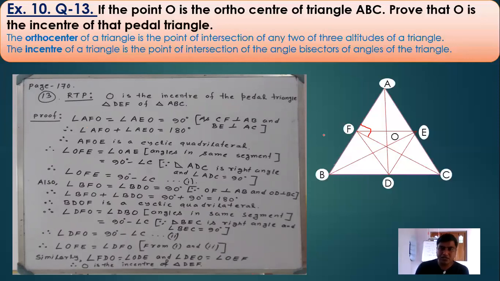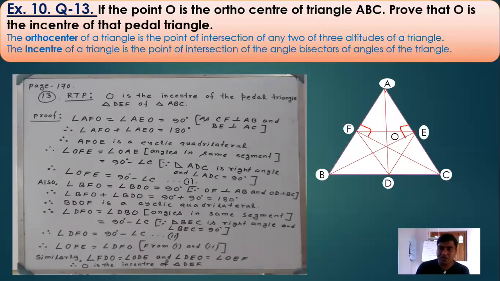And also OE is perpendicular to AC, so this angle is also 90 degrees. Now AB is perpendicular to OF and AC is perpendicular to OE.